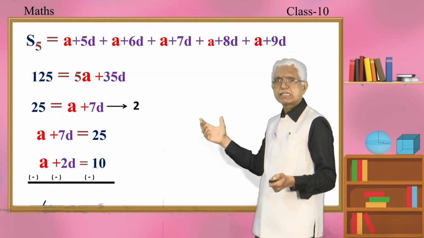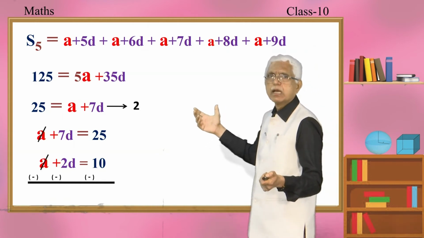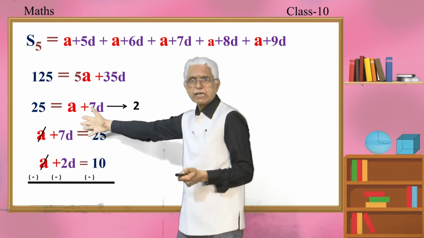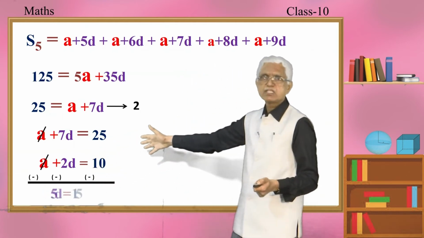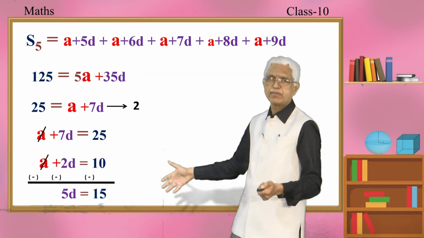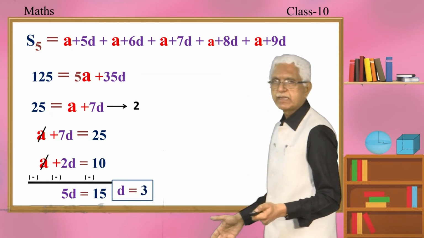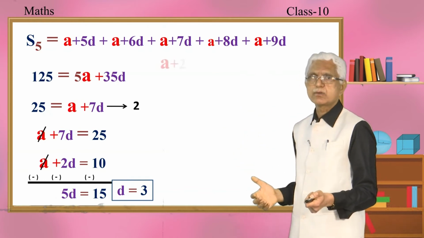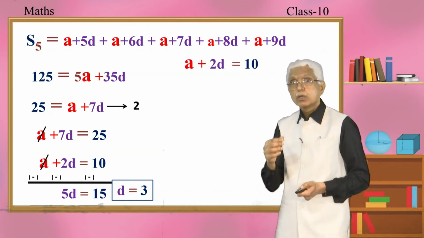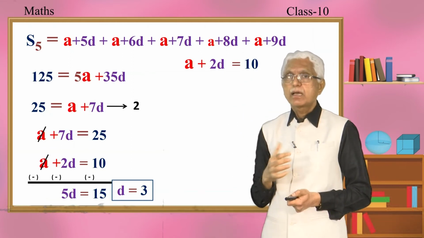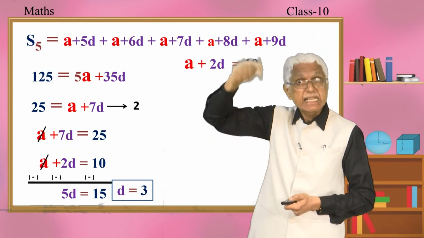You have 7D minus 2D, which is nothing but 5D, and you have 25 minus 10, which is nothing but 15. 5D is equal to 15, and simplification, D is equal to 15 by 5, D is equal to 3. So, you got the value of D as 3. Now, remember I have to write the AP, no?